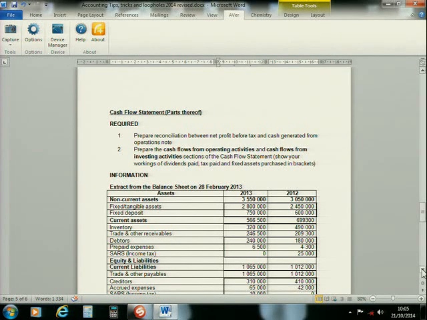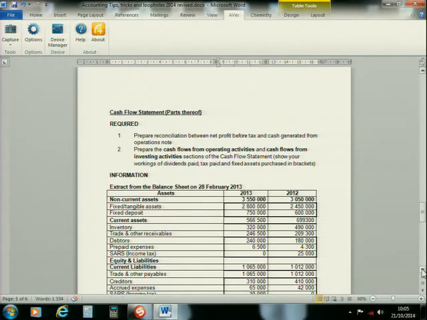You've got your interest there, which is an outflow. You've got your dividends paid. You've got your taxation paid. All outflows, with the exception of the cash generated through operating activities, if it is not negative from the reconciliation.